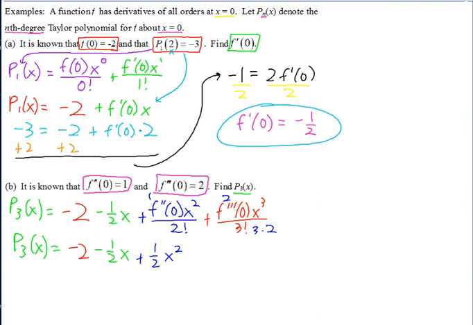So you can see, or 6, you can see the 2's reduce out, leaving you with just 1/3. And that's plus 1/3 x cubed. So then we stop there because that's our third degree Taylor polynomial, which is what it asks us to find, p sub 3 of x.